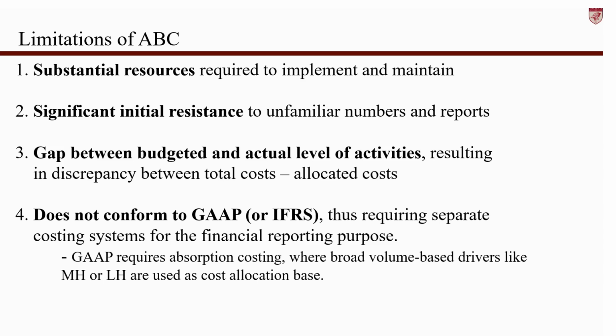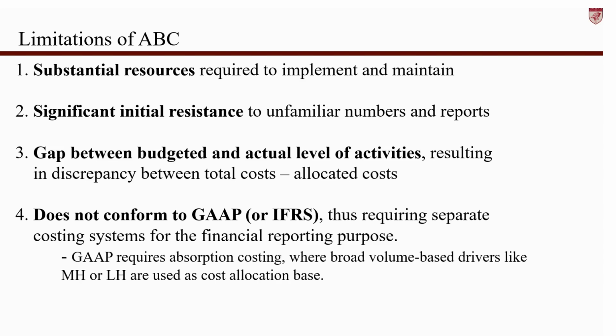Lastly, this is not a method we use for financial reporting purposes. Under financial reporting, either GAAP in the US or IFRS in Korea or Europe, we use what's called absorption costing, where we apply the fixed resources to the cost of goods sold.